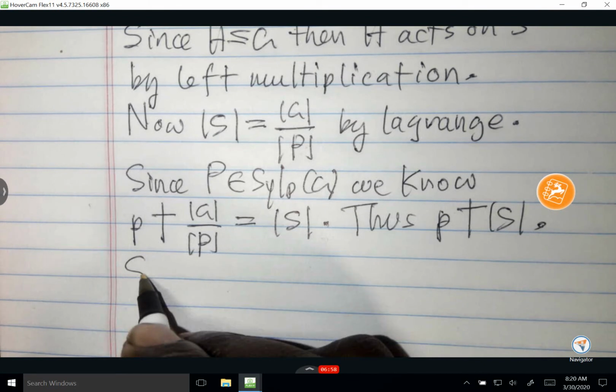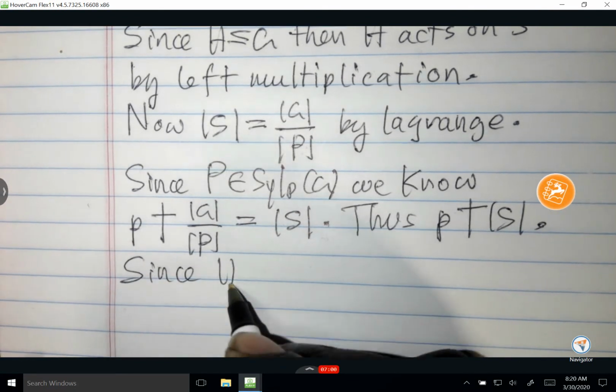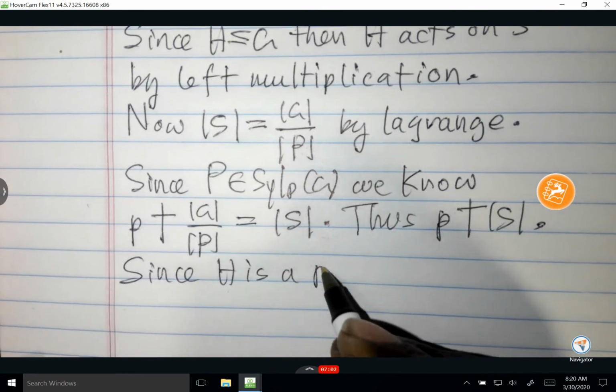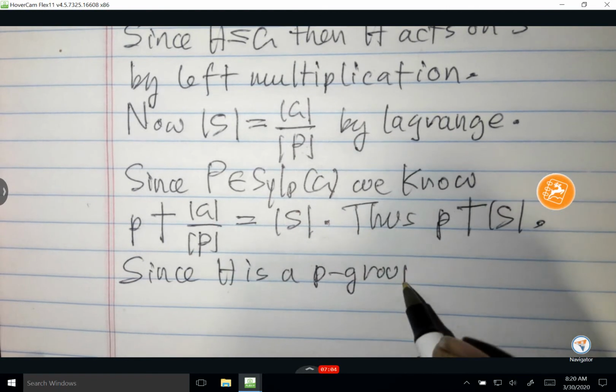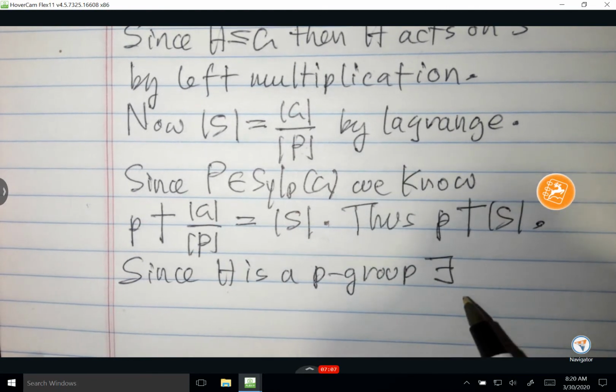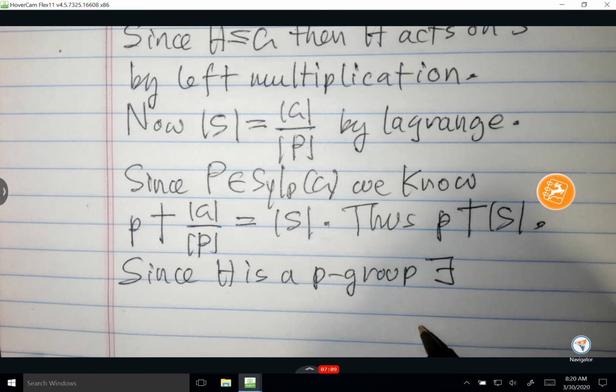So you can say, since H is a P group, there exists something in S that's fixed by every element of H.